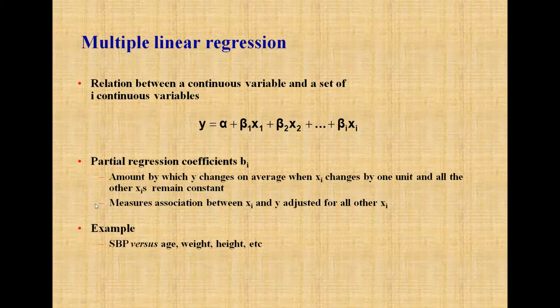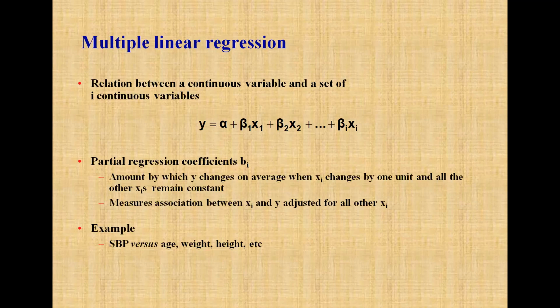The example we can take is SBP, systolic blood pressure, versus age, weight, and height. If we consider age, weight, and height as independent variables, we will get the impact of weight and height. This is a very simple, very popular problem. Every doctor says that for an older person, please keep down your weight, because they cannot decrease the height.